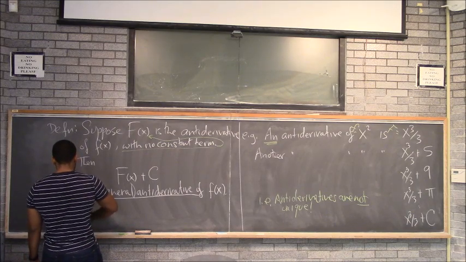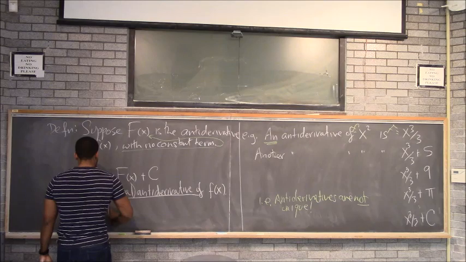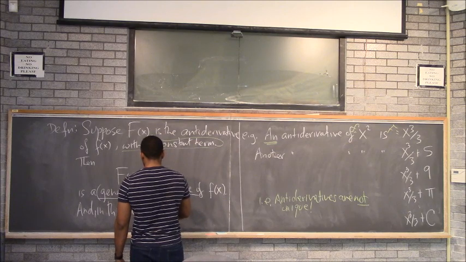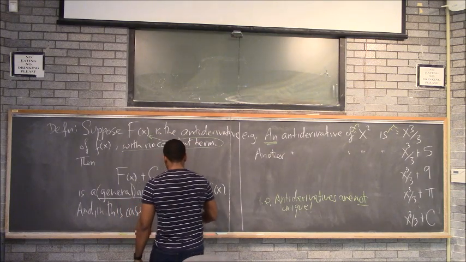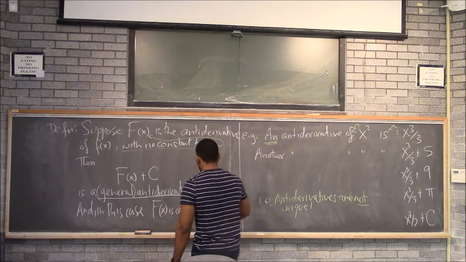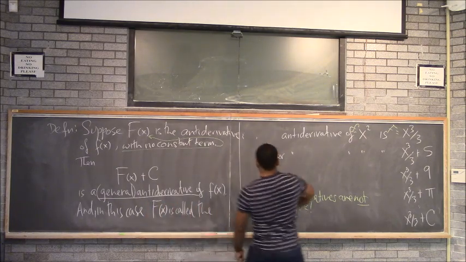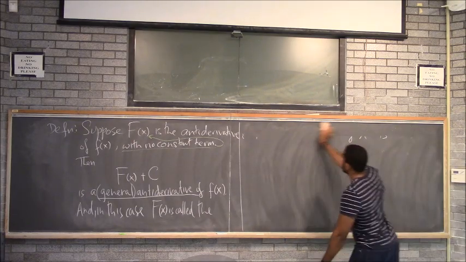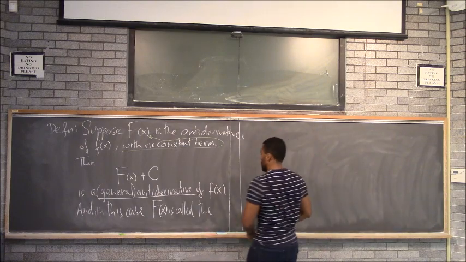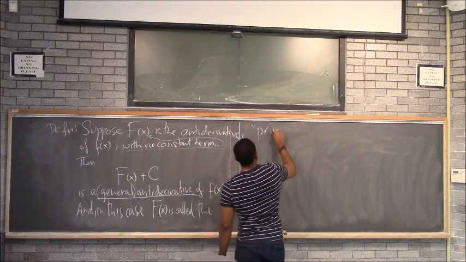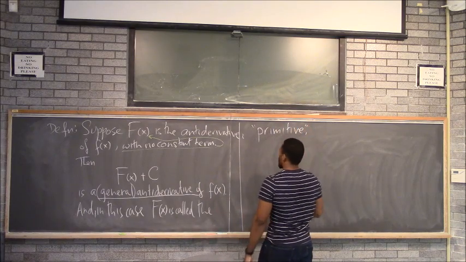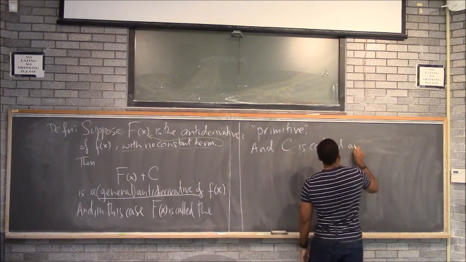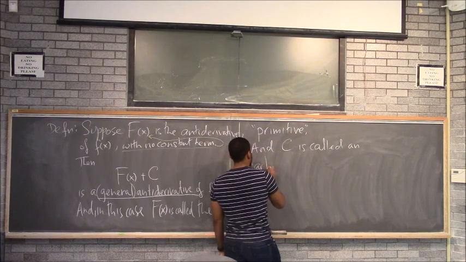And in this case, big F of x is called the primitive and the c is called an arbitrary constant.